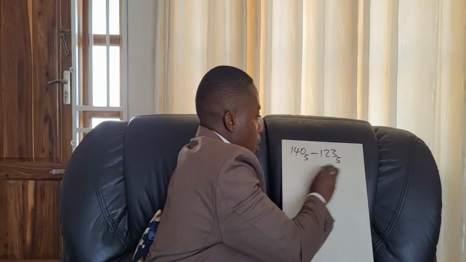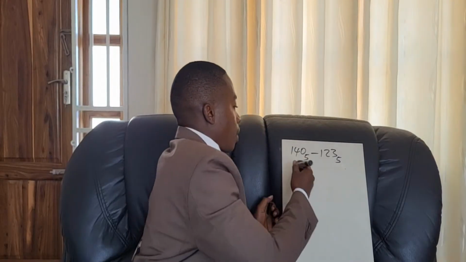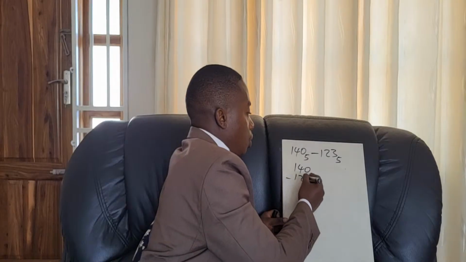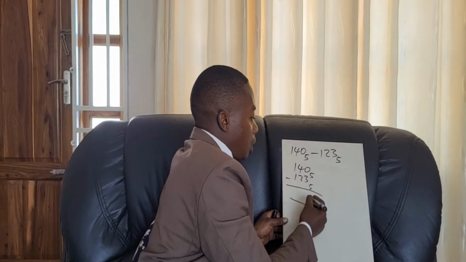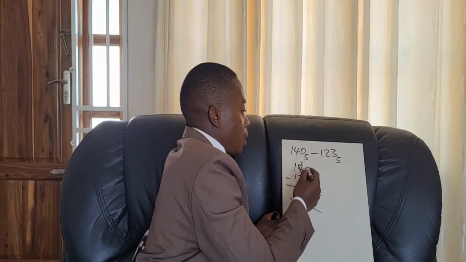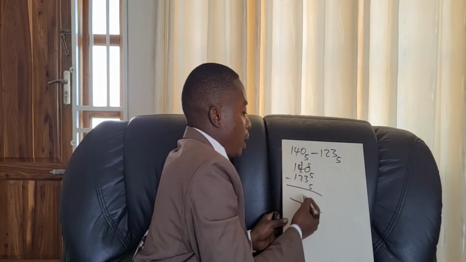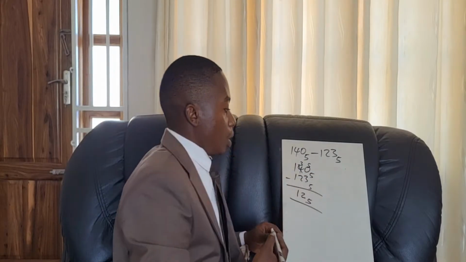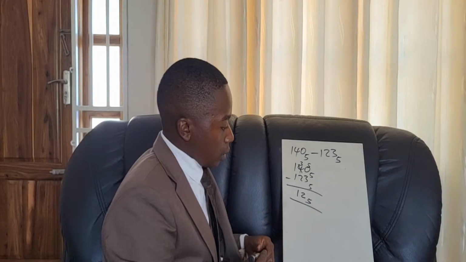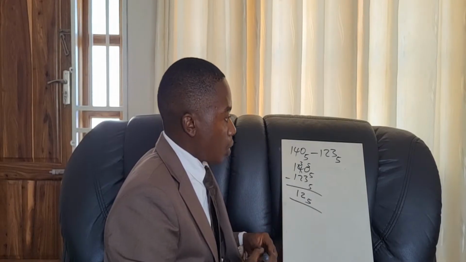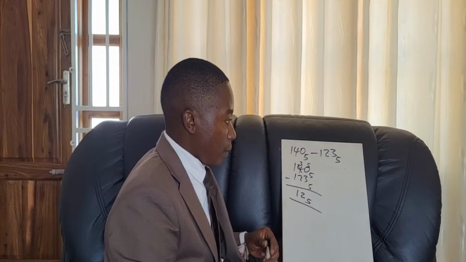We subtract in base 5: 140 base 5 minus 123 base 5. This becomes 3 and 5. 5 minus 3 is 2, and 3 minus 2 is 1. So 1, 2 base 5.